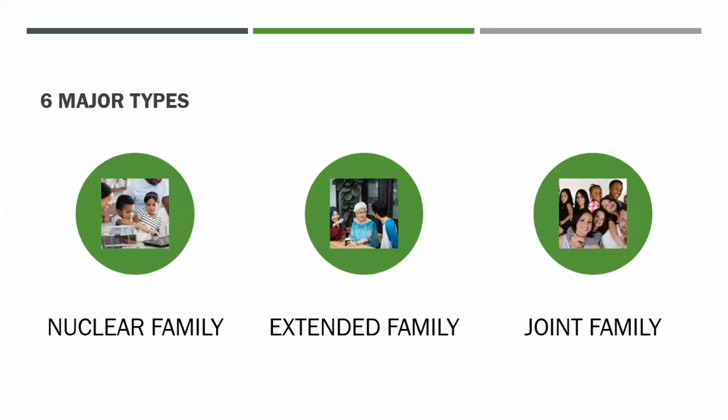The nuclear family is comprised of married partners and their biological or adopted children. And who thinks this is the most common type of family in the world? It is not. It is not the most common type of family in the world.